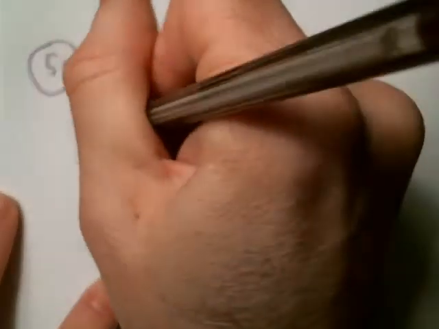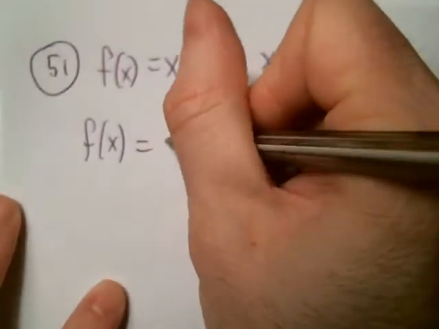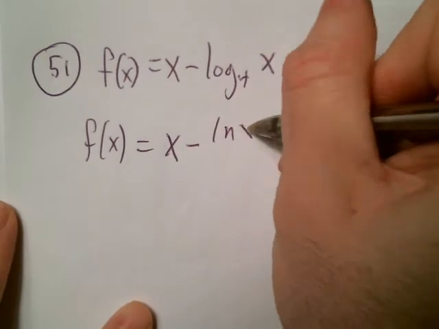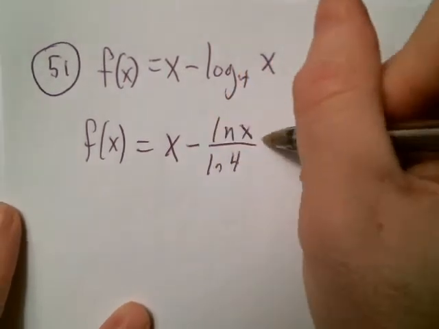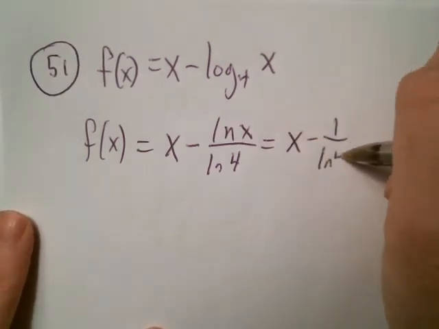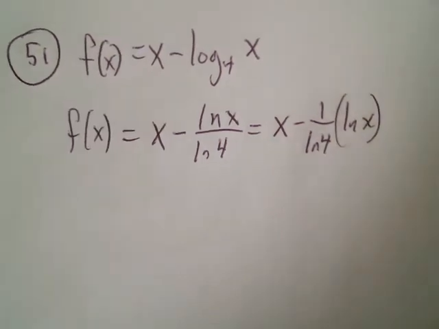So again, you're going to use a change of base formula for that thing, or you just kind of remember the rule for it. 1 minus ln x all over ln 4. So you think of 1 over ln 4 as a constant, and you apply the constant rule for differentiation to that thing.